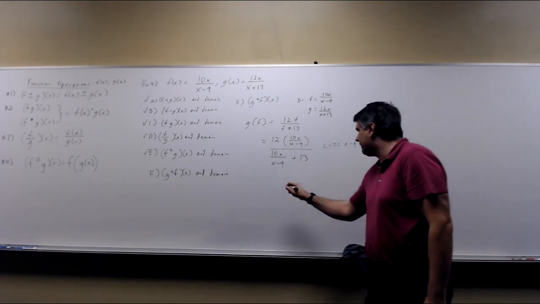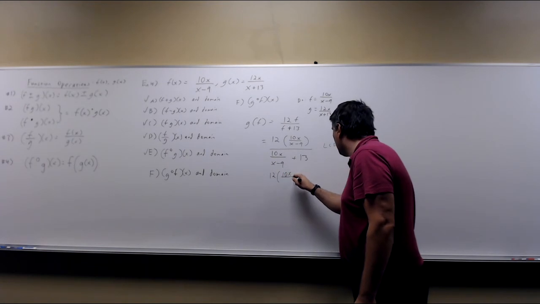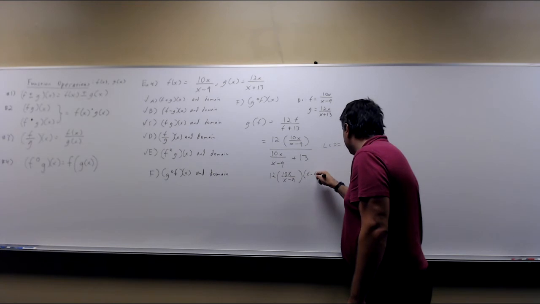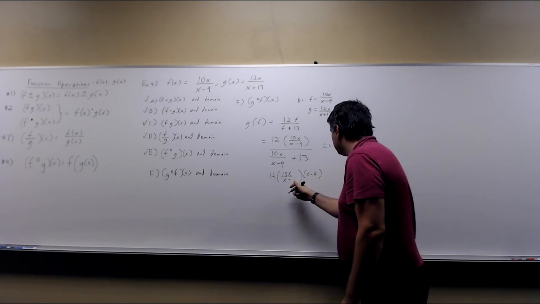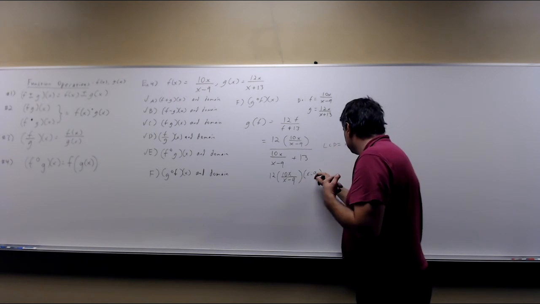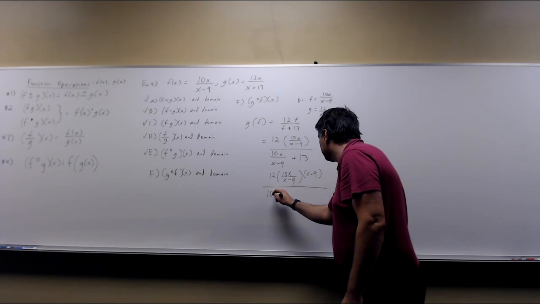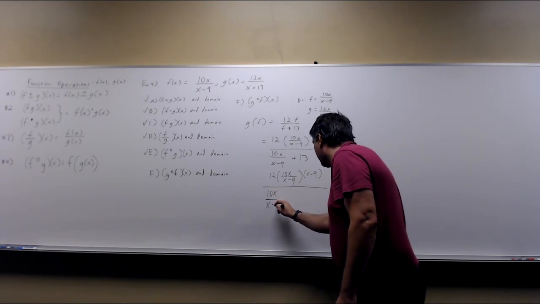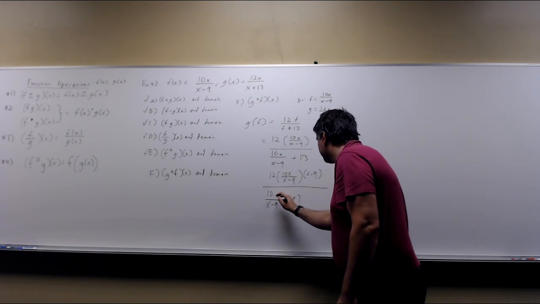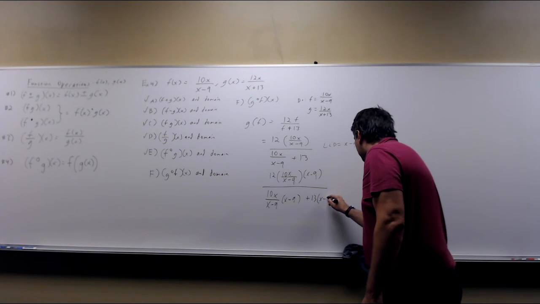So I'm going to multiply everything by it. 12 times 10x over x minus 9 times x minus 9, over 10x over x minus 9 times x minus 9, plus 13 times x minus 9.